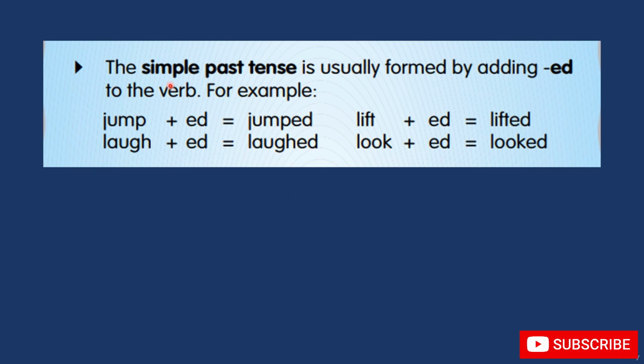Here, we need to clarify the past simple. The simple past tense is usually formed by adding ed to the verb. For example, jump, jumped, laugh, laughed, lift, lifted, look, looked, and so on. So this is just a rephrase of what we have discussed.